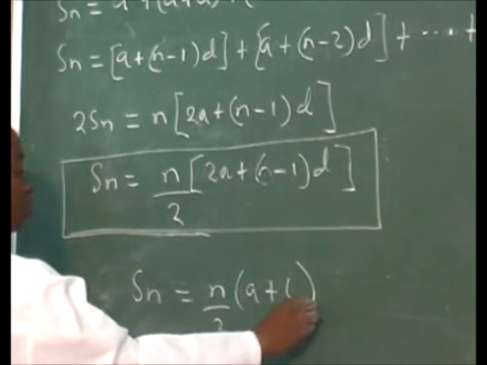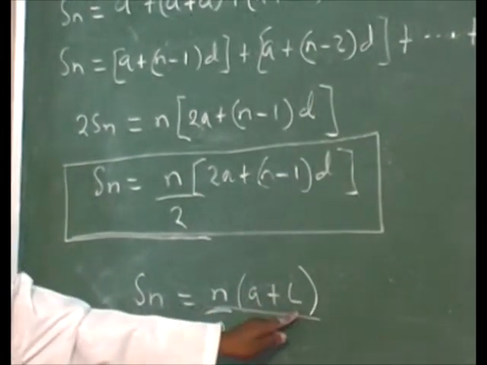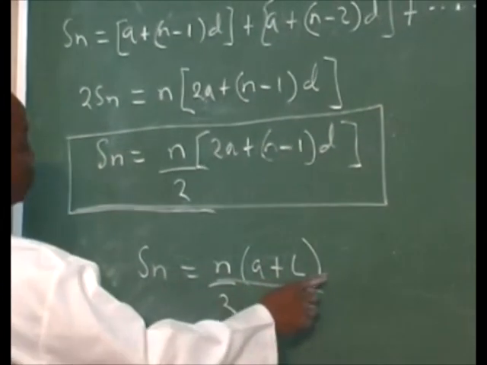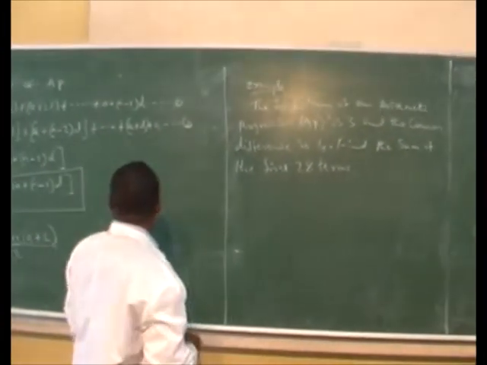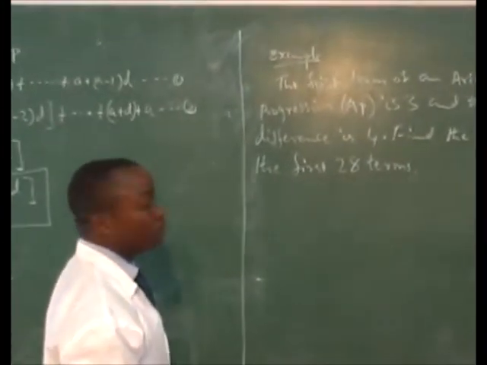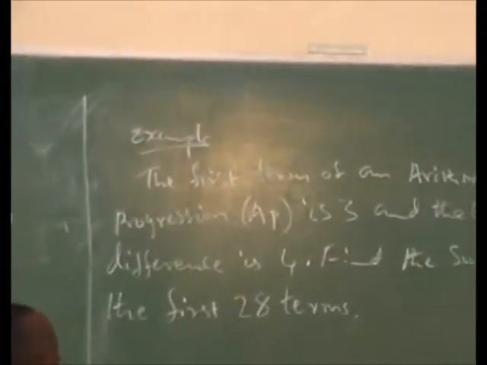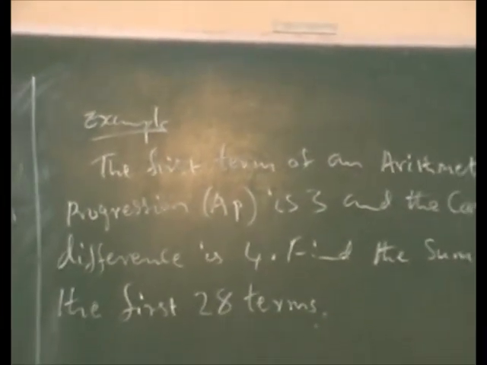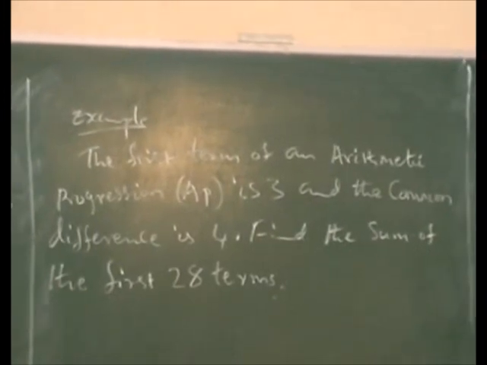This one is talking about the first and the last term. We also bring an example where we can use the sum formula. The first term of an arithmetic progression AP is 3 and the common difference is 4. Find the sum of the first 28 terms.